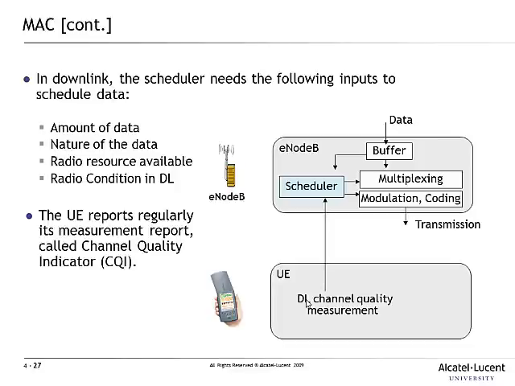So the UE that we have here will take these downlink channel quality measurements, and it will send that up to the scheduler, which is in the MAC layer, and the scheduler will then take the data that's sitting in the buffer for downlink transmission, and it will decide what modulation and coding scheme has to be used to transmit that particular data on the assigned resource block.